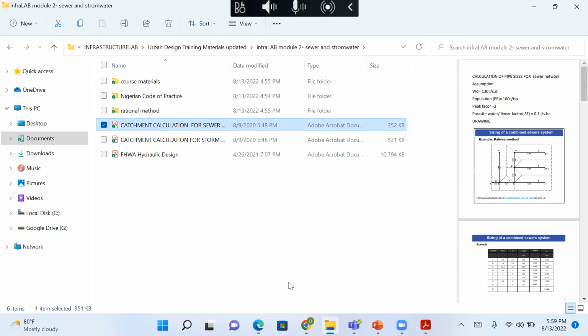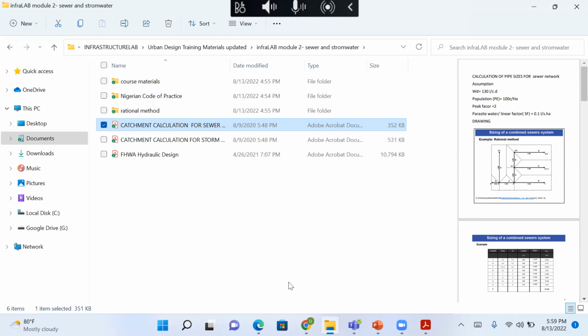But from what I can see, we are combining this also with a sewer. Does it mean that we'll be expecting a huge volume of water for the sewer that requires us to adopt the rational method for its design? Okay, that's another good question.